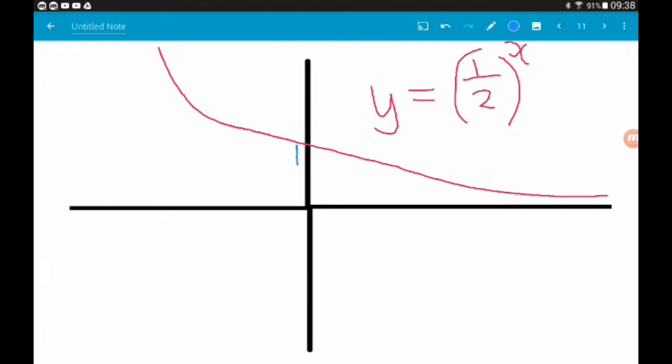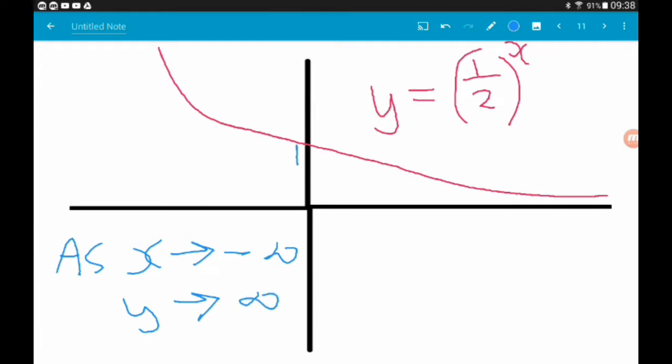So what we can say here is as x tends to minus infinity, y tends to positive infinity, and on the right, as x tends to positive infinity, this time y tends to 0.